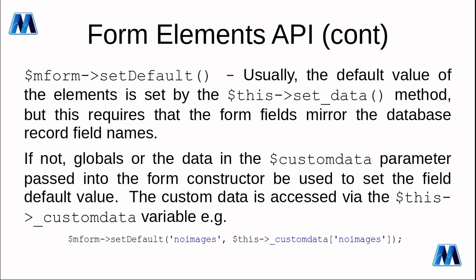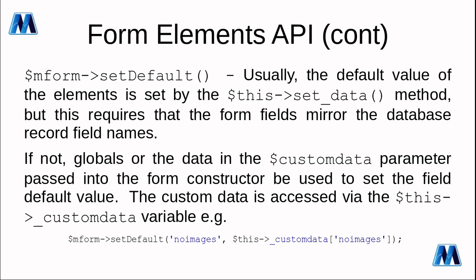So let's say you're taking from configuration values and you want to set them as the default for your forms, you probably need to use your custom data to do that rather than rely on set data. But the standard default behavior is that the data would be set based on the table record that you are editing or creating.